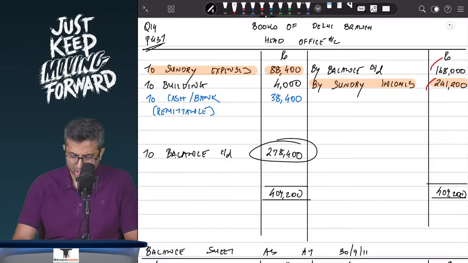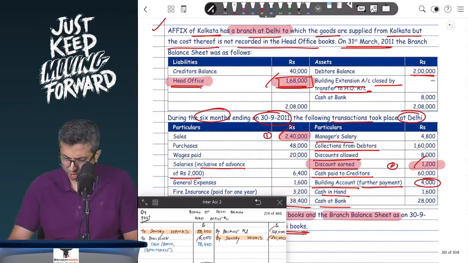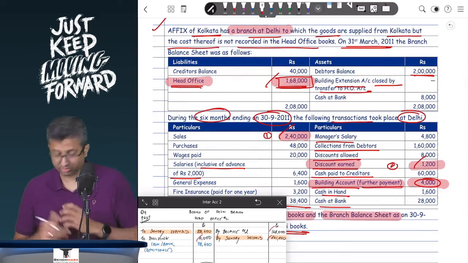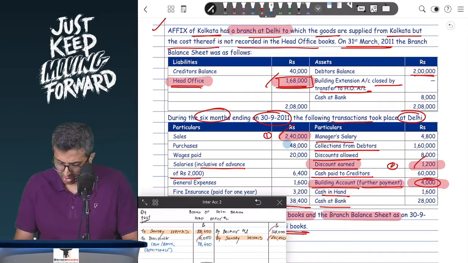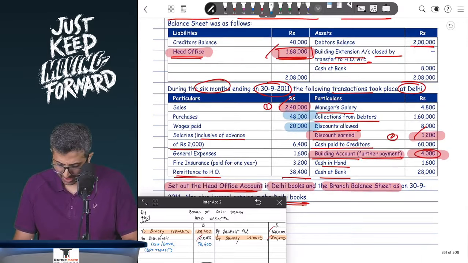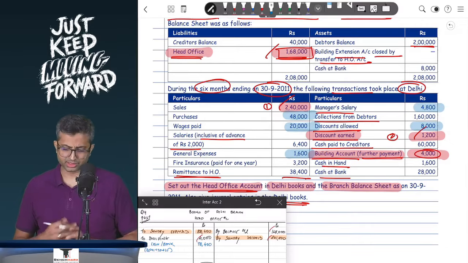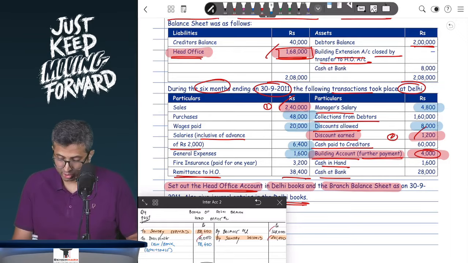Apart from that, whatever has been spent for the building, 4,000 will also be going in the HO because this is paid by the HO. Paid for the building which is recorded in HO's books. Now all other expenses, if you go to see 1, 2, 3, even 4, 5, I think all of these expenses, salaries inclusive of advance. So this is 4,400 of expense during the period. 2,000 is advance salary, will appear in the balance sheet.